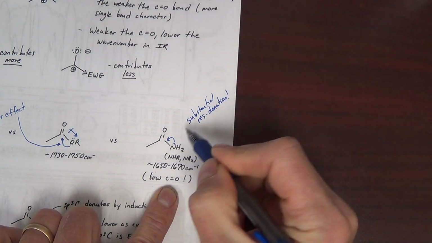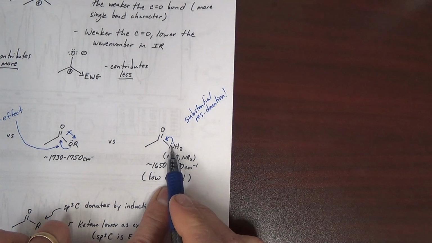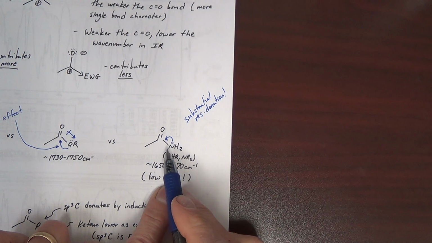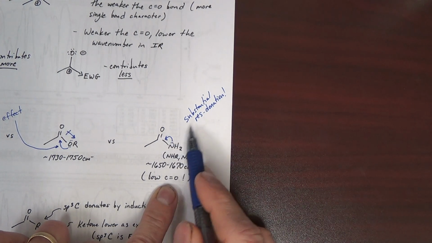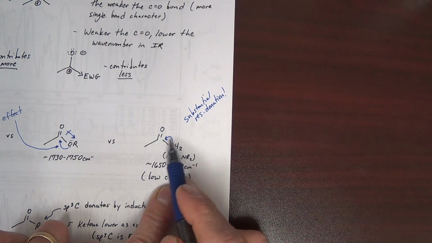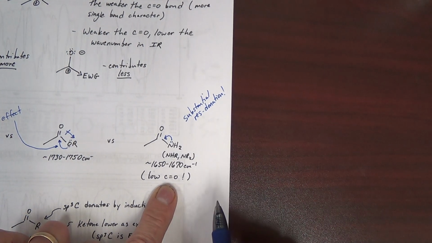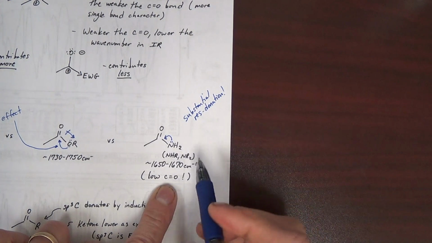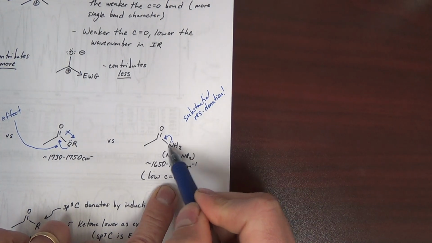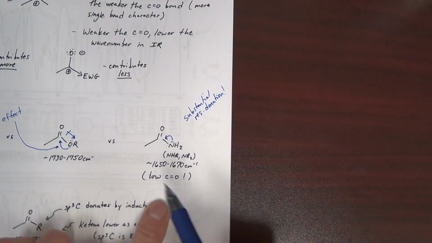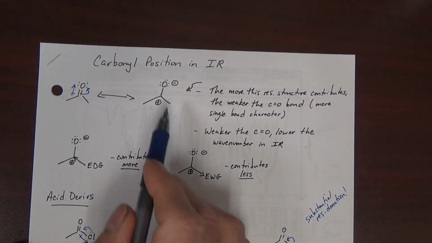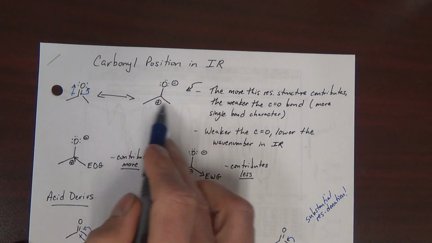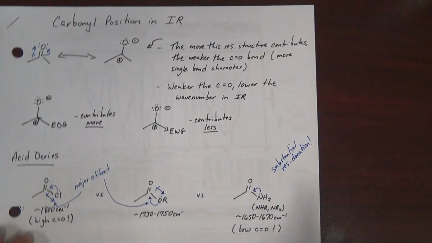Substantial resonance donation. If you remember, we looked at the resonance of amides in lecture, and I showed you a proton NMR that is evidence of resonance. Substantial donation here really helps the single bonded resonance structure.